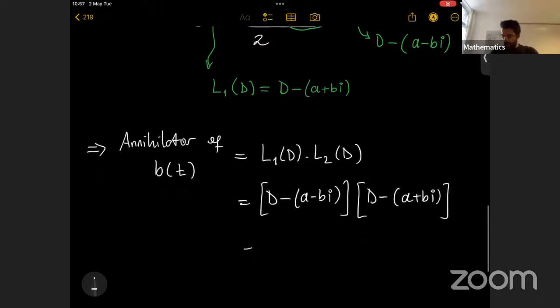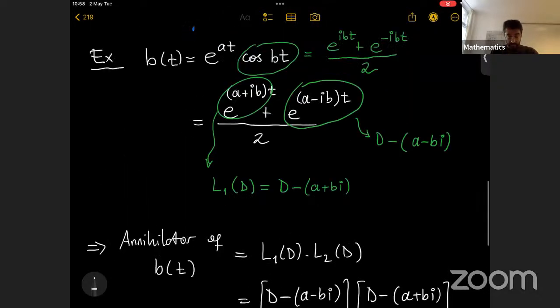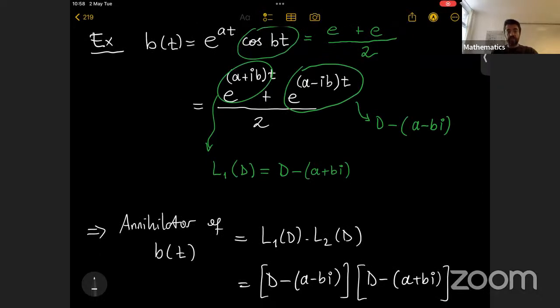And this is nothing but, you can do this yourself, D squared minus 2aD plus a squared plus b squared, okay? Any question with this example?